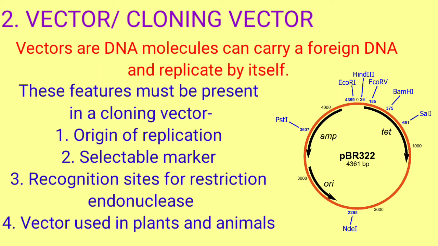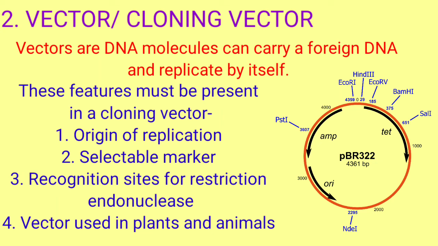These plasmids have this particular region, as you can have a look at the diagram here. So this is a plasmid which is called pBR322. There the tetracycline gene possesses the restriction sites for these two restriction endonucleases.